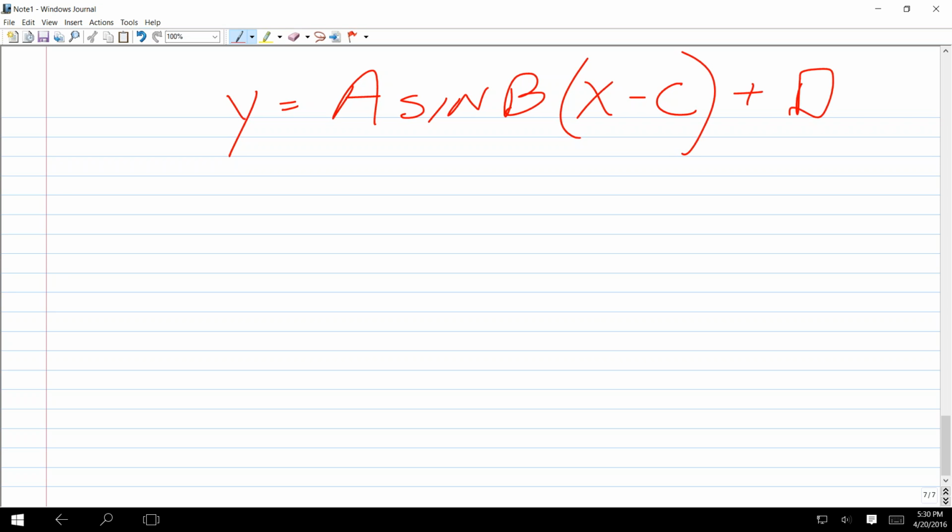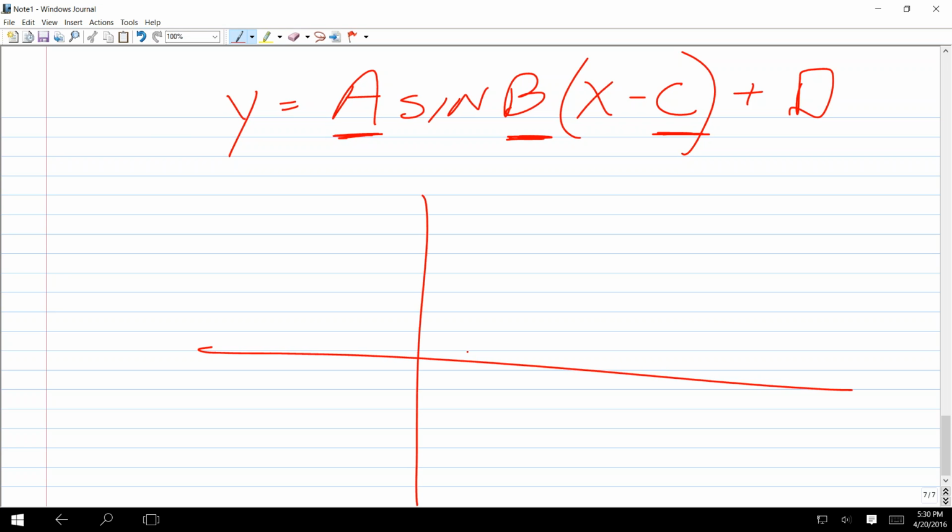Okay. Regardless of what letters you use, there are three key letters. There's your vertical stretch factor. Right. There's your horizontal stretch factor. That's the period, right? Well, no, I call it a horizontal stretch factor. In other words, that's not the period.